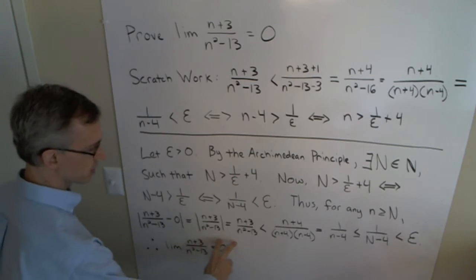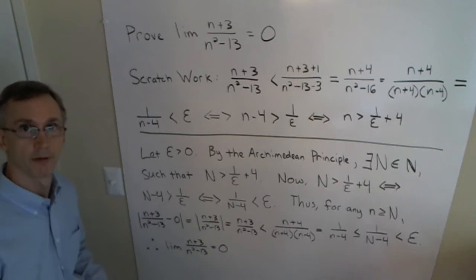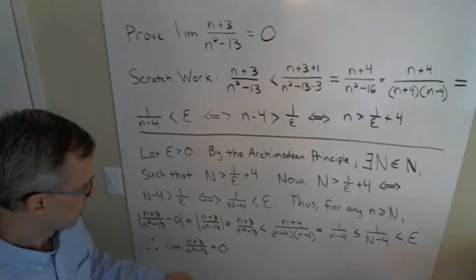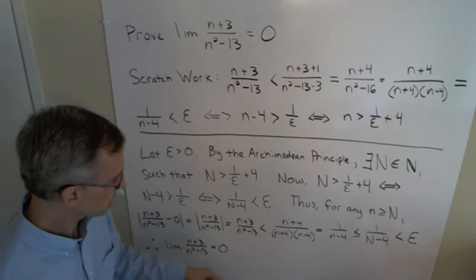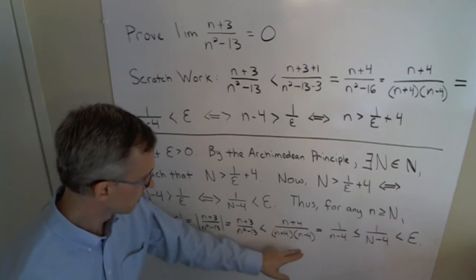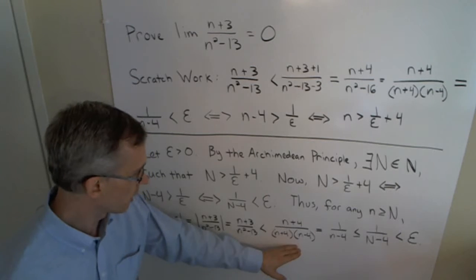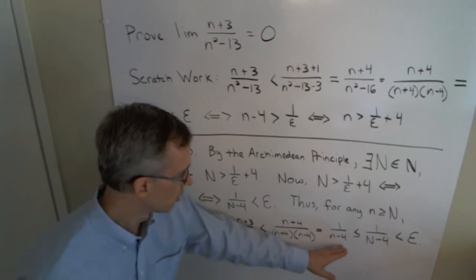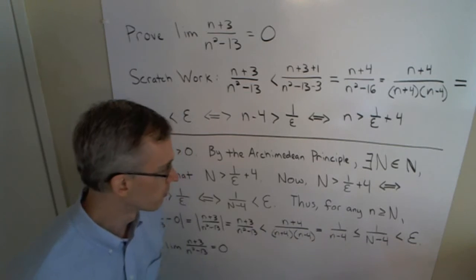Thus, this expression equals the absolute value. As we showed in the scratch work, this is less than (n + 4)/((n + 4)(n − 4)). We cancel to get 1/(n − 4).